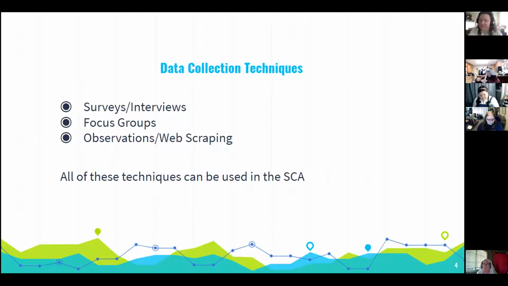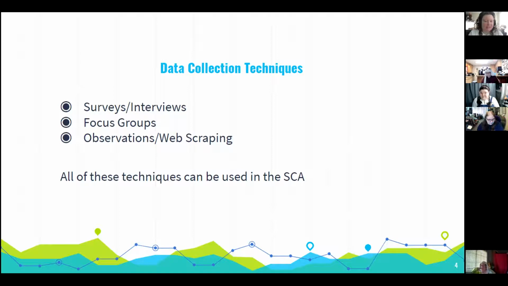You could have focus groups, which is like a work group where you take people who have a certain focus and get their observations and opinions about things to answer a question. And then your final way that you can collect data is through observations or web scraping.